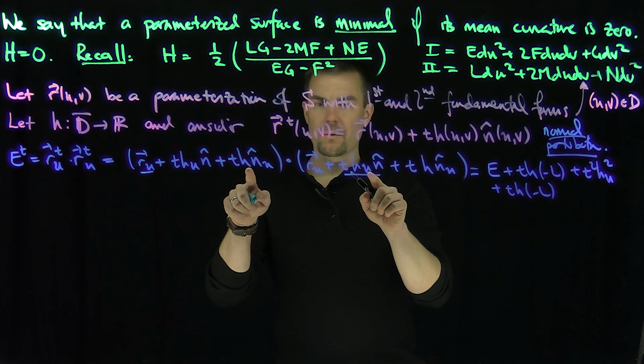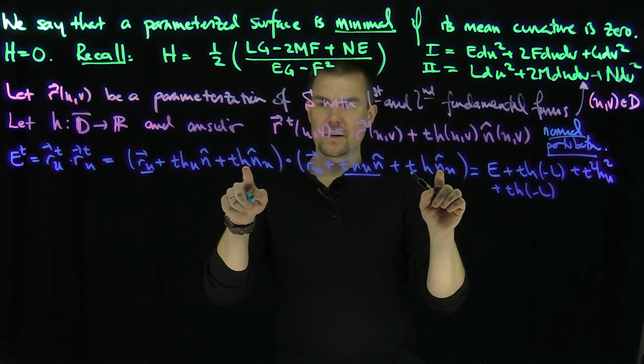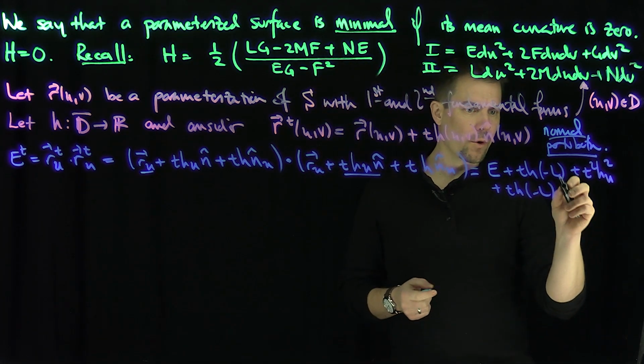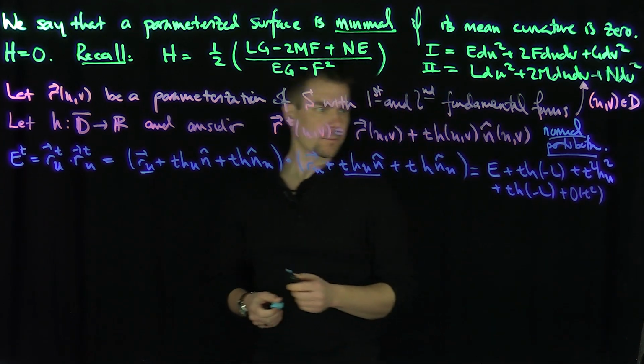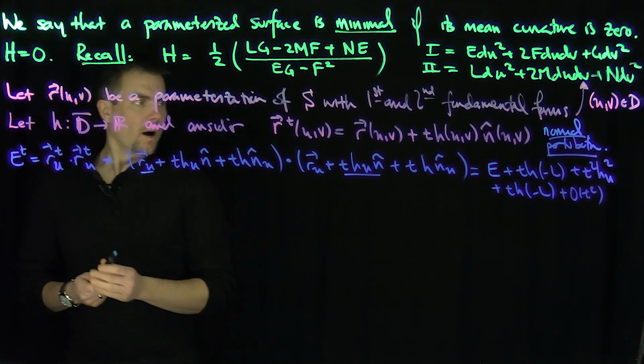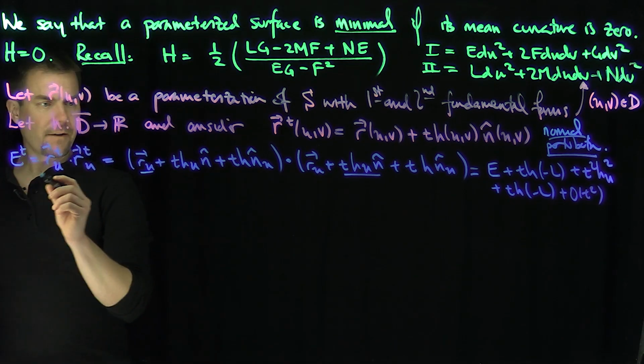Then we're going to have the same thing with the t squared, and then n_u dot n_u. So I'm just going to put more things that look like t squared, plus order t squared terms over here, right? Other t squared terms.